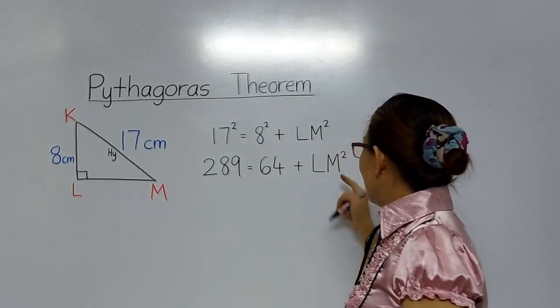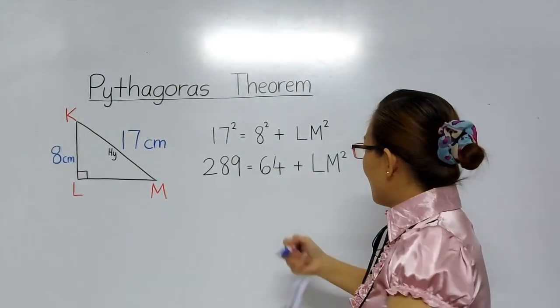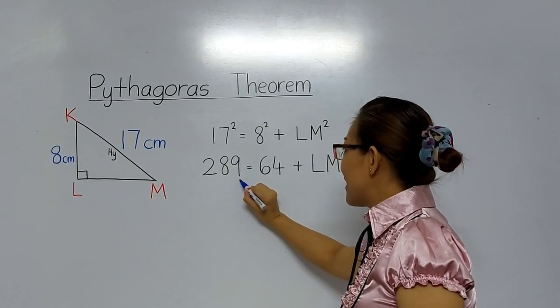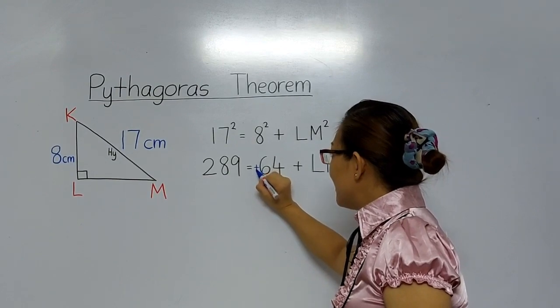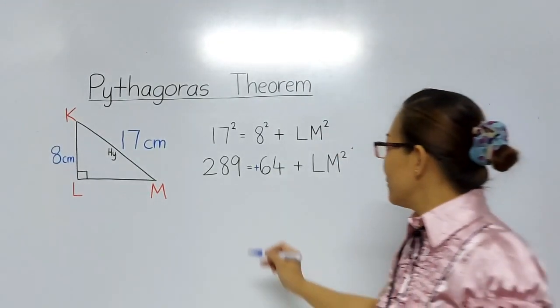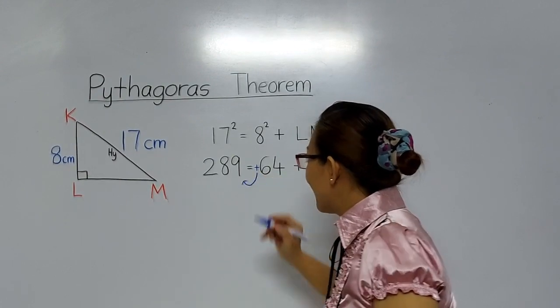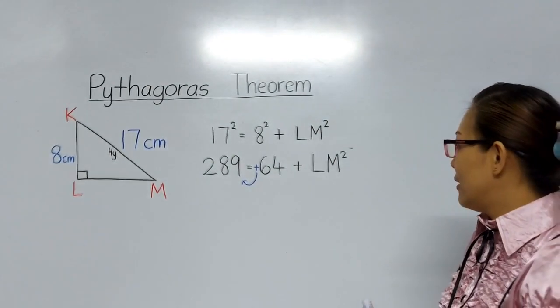Next thing is to find LM square. So we have to move 64 to the left hand side. There's no symbol here. Definitely it's a positive 64. Moving this positive 64 to the left hand side, positive changes to negative.